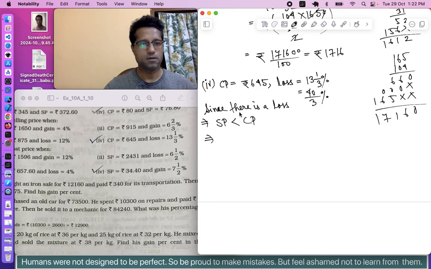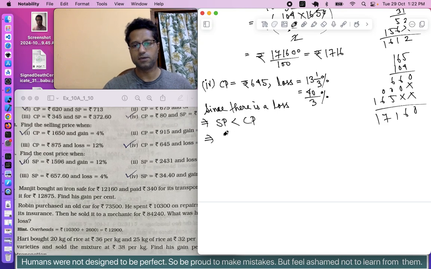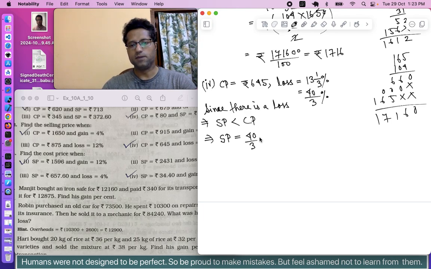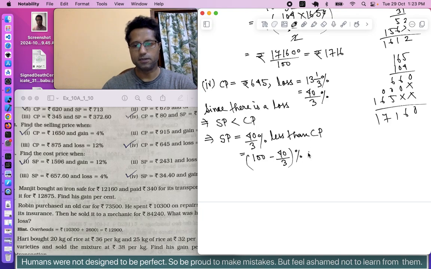So we have been asked to compute the selling price. In this case, selling price will be equal to 40 by 3% less than CP, which is equal to 100 minus 40 by 3, this much percentage of CP.